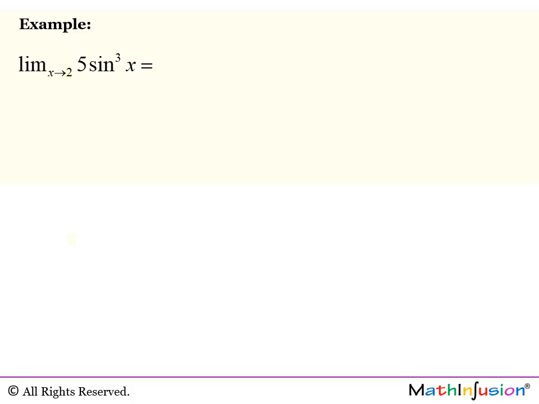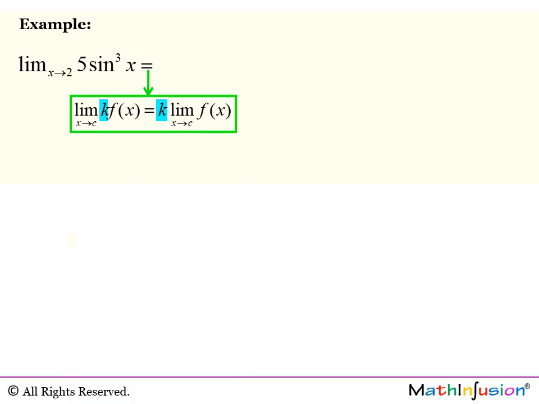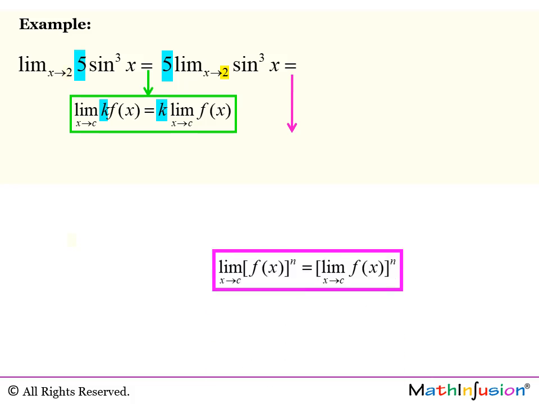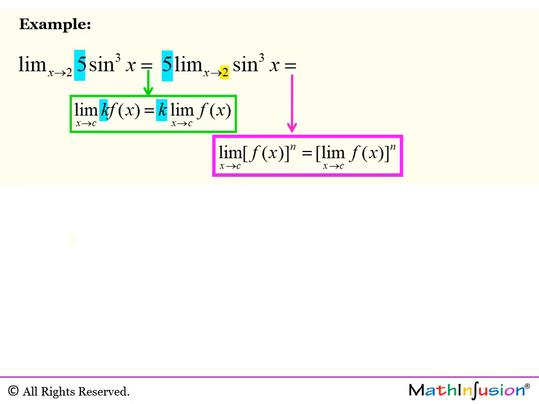Example, let's take the limit of this function when x approaches 2. First, we will use this rule about the constant to get 5 times the limit of this when x approaches 2. Now, this is sine of x cubed, so we can use this theorem now to get that.